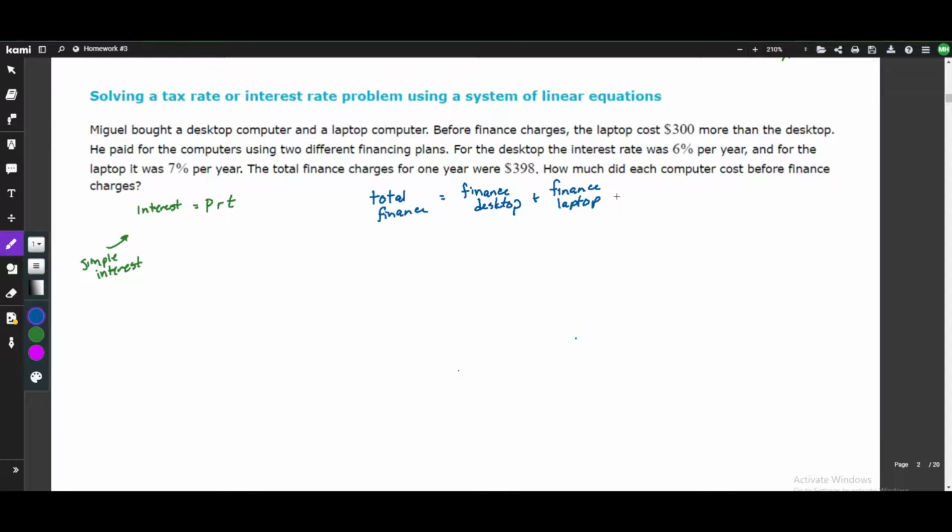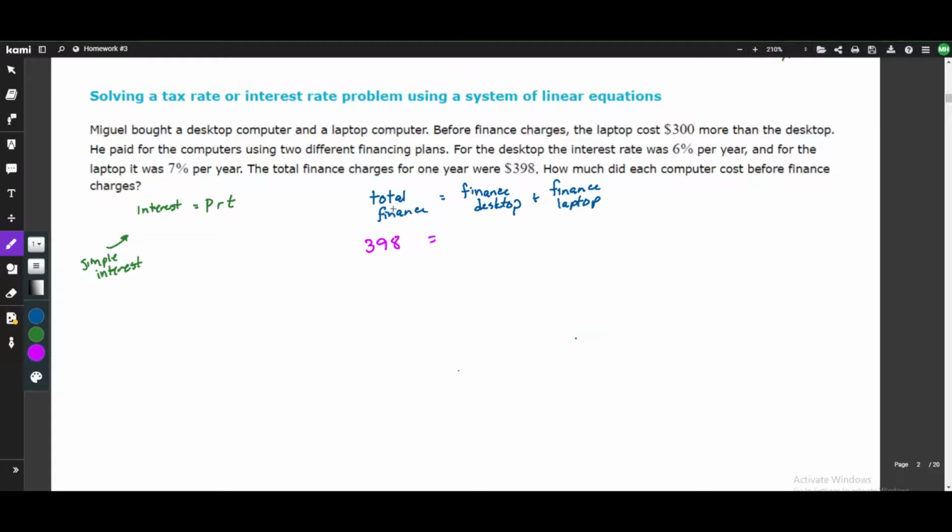All right, so rather than do anything special or making any problems be a specific type of thing, I always do translation because that is a system that works for most problems, and then I don't have to remember anything special. I'm just changing everything for what I have. So my total finance, I do know that it is $398.